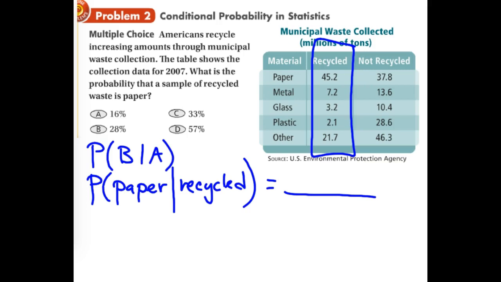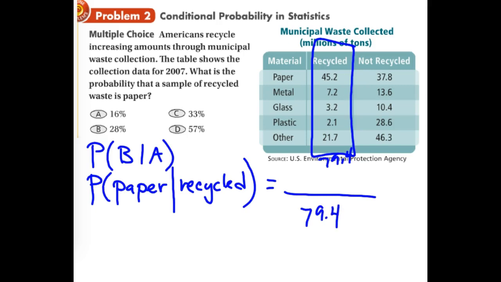What do we get for a total? The bottom part. 79.4? Agree, disagree? Are we agreeing with that total? Okay, so the bottom is 79.4.